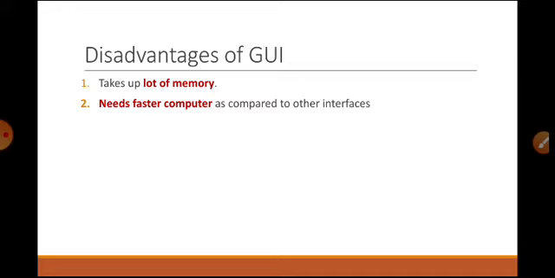Both of these disadvantages are because of its high quality graphics, because everything in GUI is in the form of pictures, files, and icons which are colorful and representable. That's why they take a lot of memory on the hard disk, and they need faster computers to process the information.